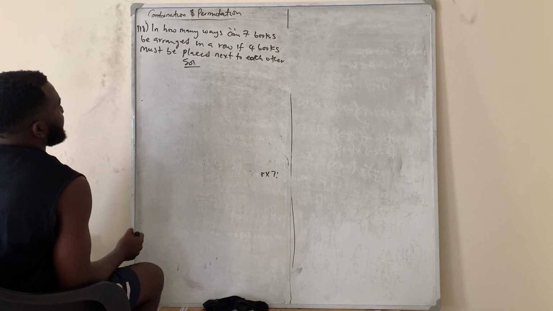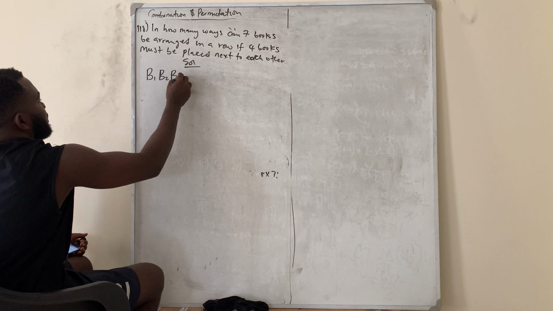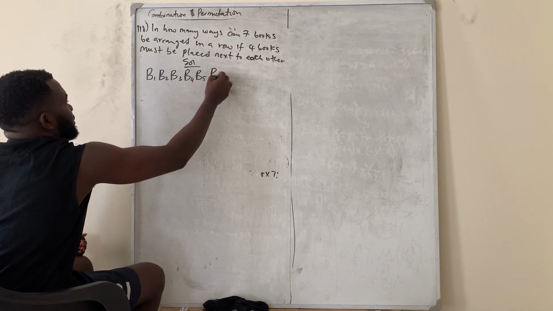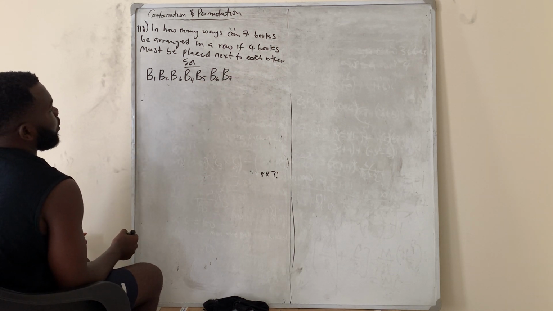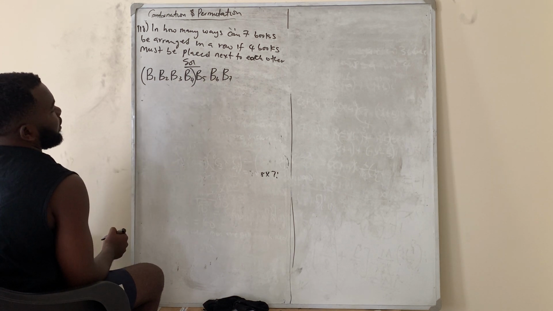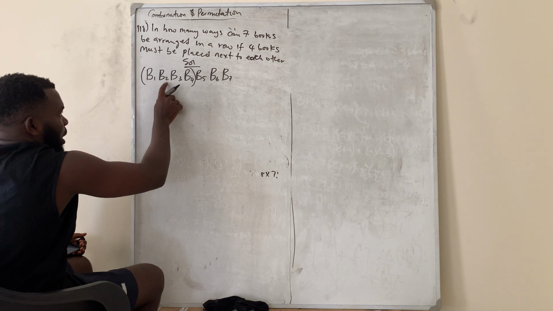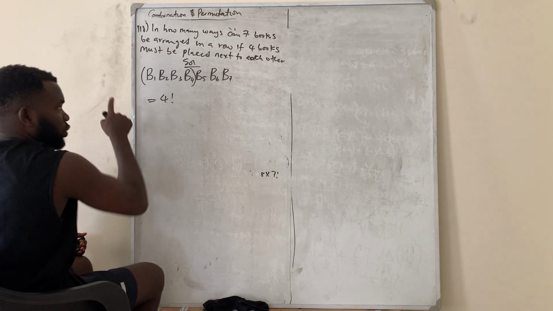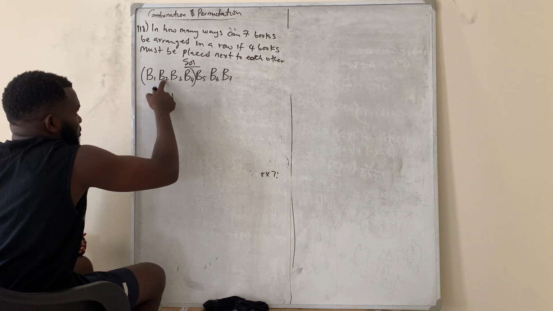So let me say we have 7 books. Let me call them book 1, book 2, book 3, book 4, book 5, book 6, book 7. Let me say that 4 books must be together, say from 1 to 4. If they must be together, you count them as 1. So I'm having 4 factorial the way they are. Then arranging the ones that must be together inside themselves is 1, 2, 3, 4.